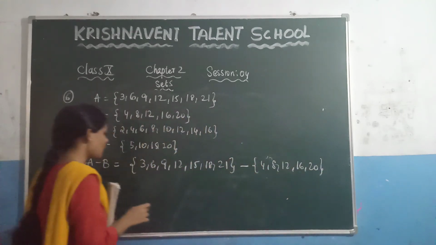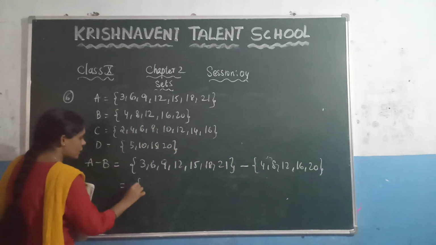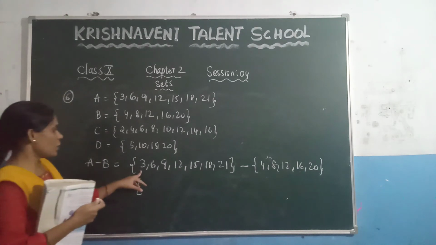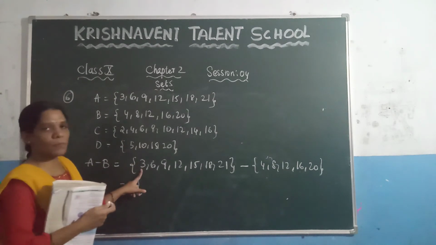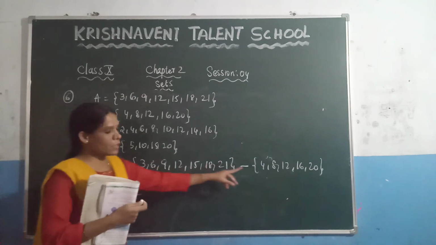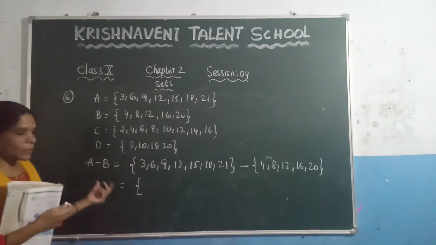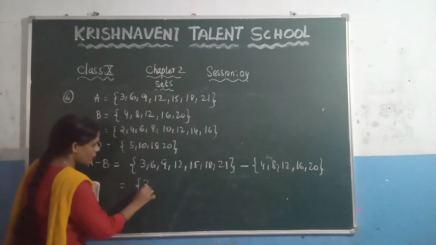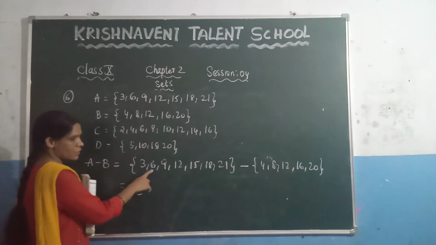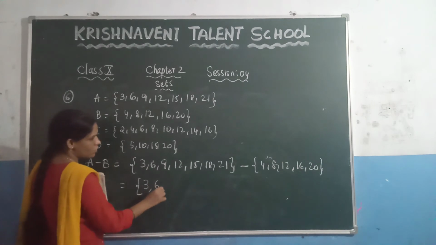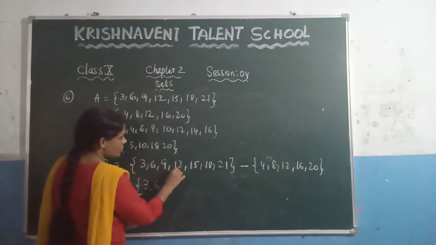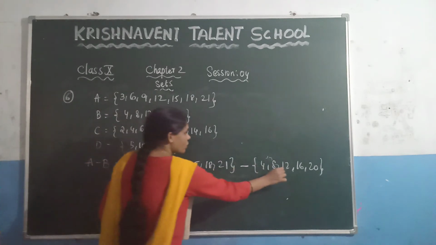Now, what is A minus B? You need to write the elements that are present only in A. Here, the first element is 3. But 3 is not there in B, so you can write it because we are writing the elements that are present only in A. That means 3. And after that, 6 is there, you can write this one also. And after that, 9. And after that you can observe that 12 is there, here also 12 is there.